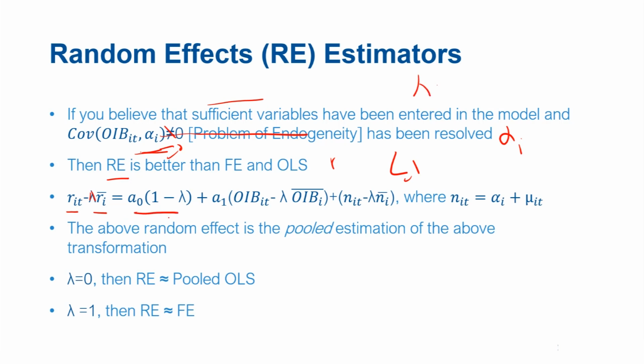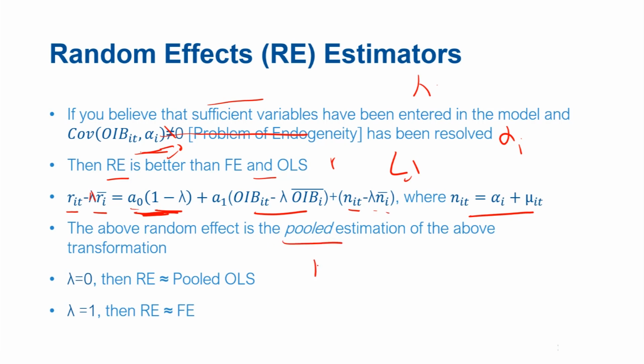You notice all the terms which are time invariant are not eliminated, but they are still there, like a naught into 1 minus lambda, a1 into this, and eta it minus lambda times eta i bar, where eta it is equal to alpha i plus mu it. Now this is what we call the random effects system, and this system is estimated with pooled estimation.